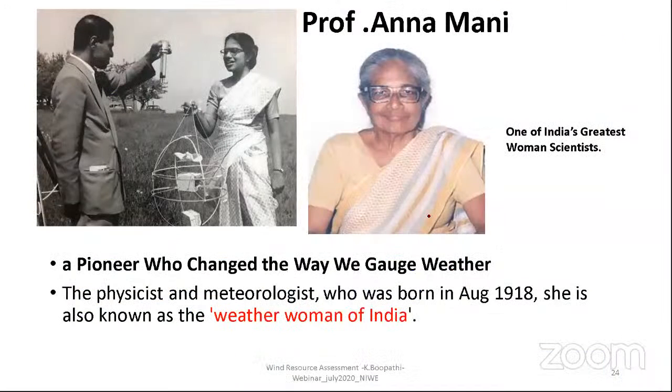I do not know how many of you know Professor Anna Mani. She was a pioneer who changed the way we gauge weather. Currently, whatever we measure in weather, she was the pioneer at that time.